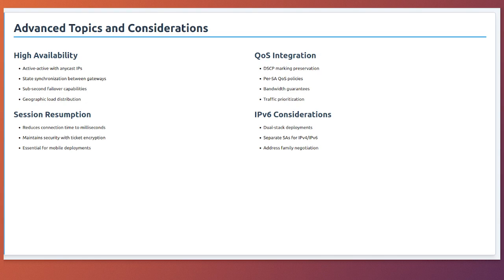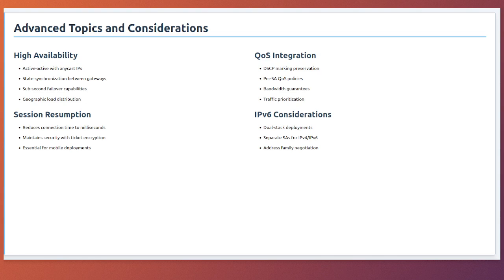Instead of performing full IKEv2 negotiation for every connection, clients can resume previous sessions using stored keys. This reduces connection time from seconds to milliseconds. It is particularly valuable for mobile users who frequently disconnect and reconnect. The implementation requires careful key management to balance convenience with security.